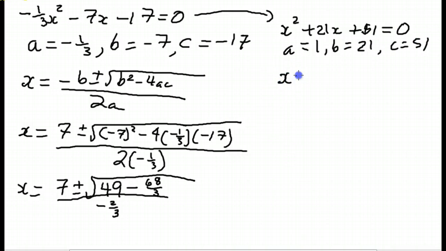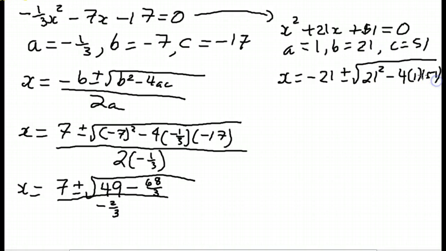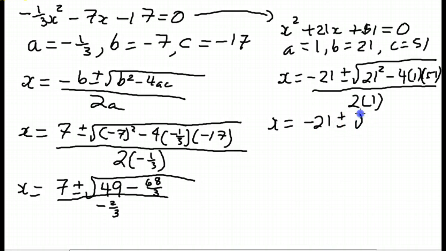I've already written the formula. Let's go substitute in x equals. So negative b now becomes negative 21 plus or minus the square root of 21 squared. That's a positive. I'm not going to put it in brackets. Minus 4 times 1 times 51 all over 2 times 1. So negative 21 plus or minus the square root.